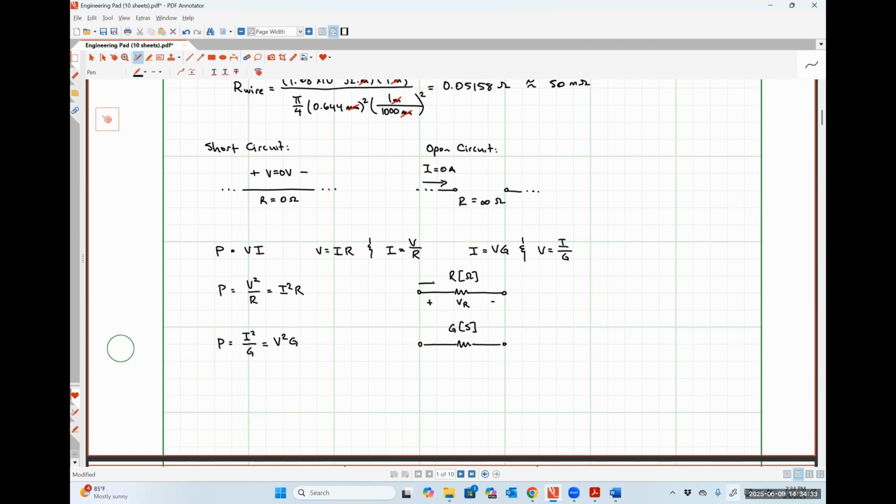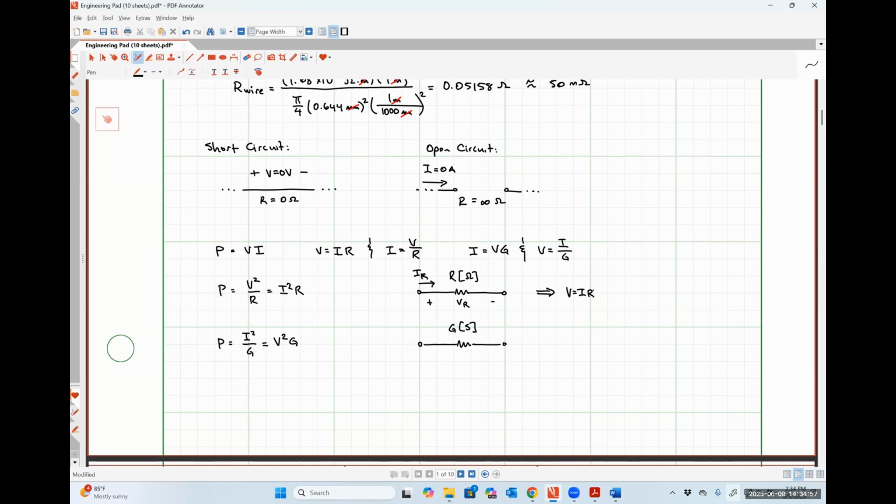And I'm going to say that the current that's flowing through our resistor, IR, is flowing into the positive polarity terminal. So in this particular case, we find that V is equal to I times R, just the Ohm's law that you're familiar with.